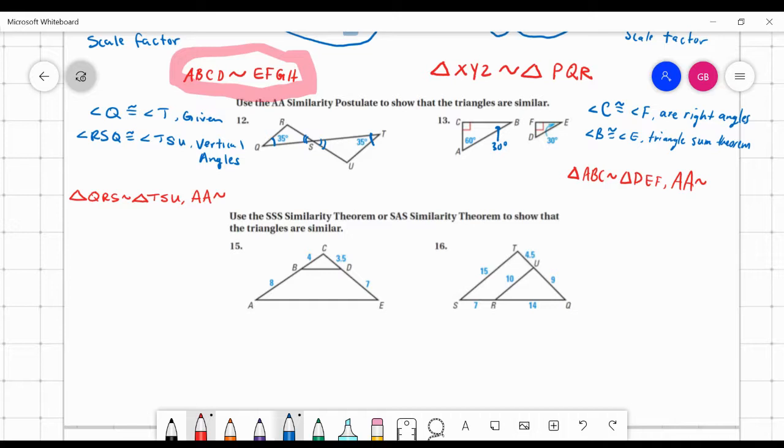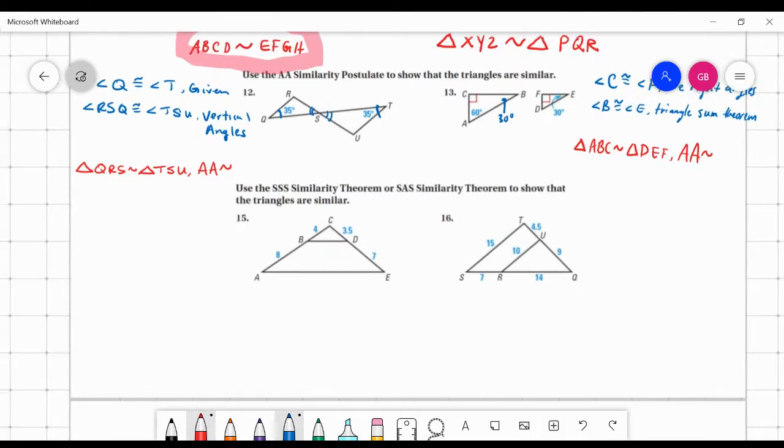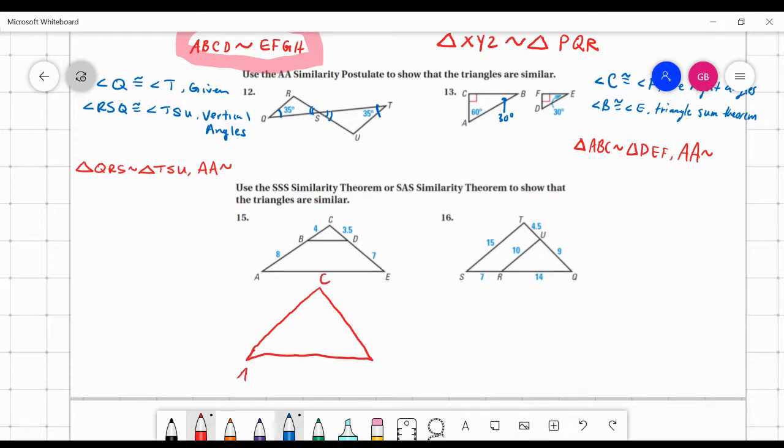It might be easier to separate the triangles. So I'm going to redraw the big triangle down here. Okay, the big triangle is triangle CAE. Okay, and from A to C, it's actually 12, the 8 plus the 4. And from C to E, it's actually 10.5. Okay, 3.5 plus 7 is 10.5.